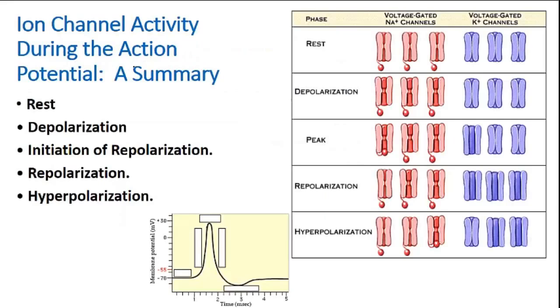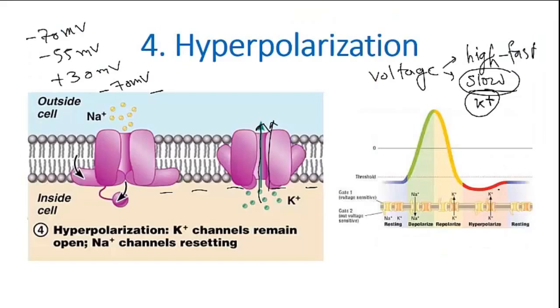And here you see the detailed activity of the membrane potential and how it is maintained over time. It starts with rest, then depolarization, initiation of repolarization, repolarization, and hyperpolarization. In the graph, the hyperpolarization is due to the net movement of potassium out, and you see a dip there.